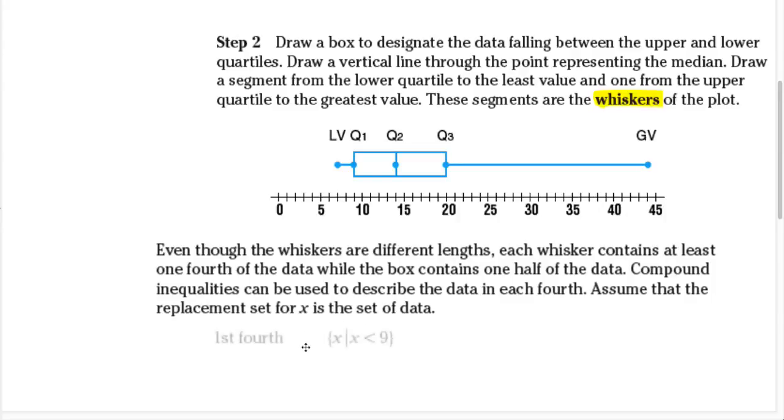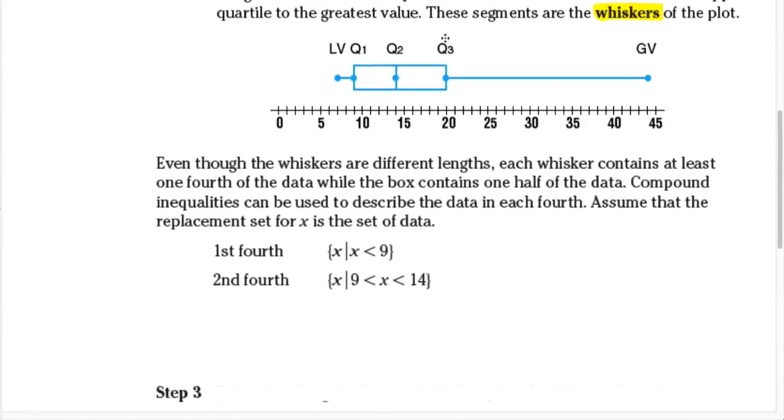So the first fourth is X such that X is less than 9. That's the first fourth of the data. The second fourth is such that X is greater than 9, right here, but less than 14, which is our Q3. Our third fourth would be X such that X is greater than 14, right here, and less than 20, which is this one.